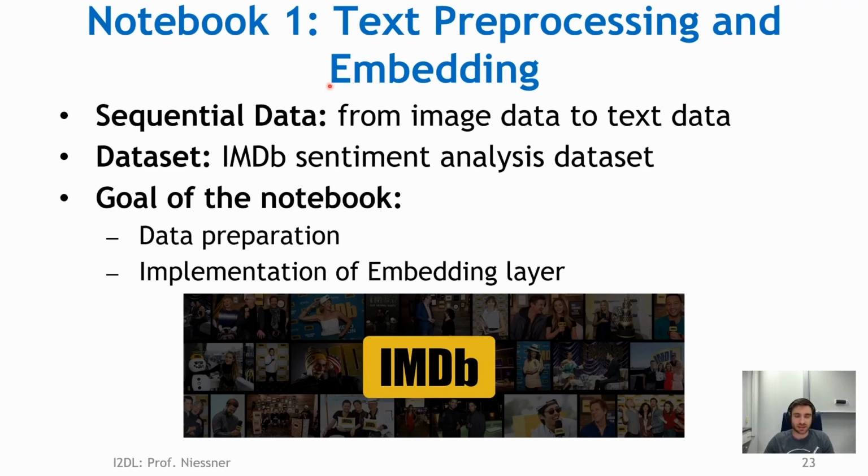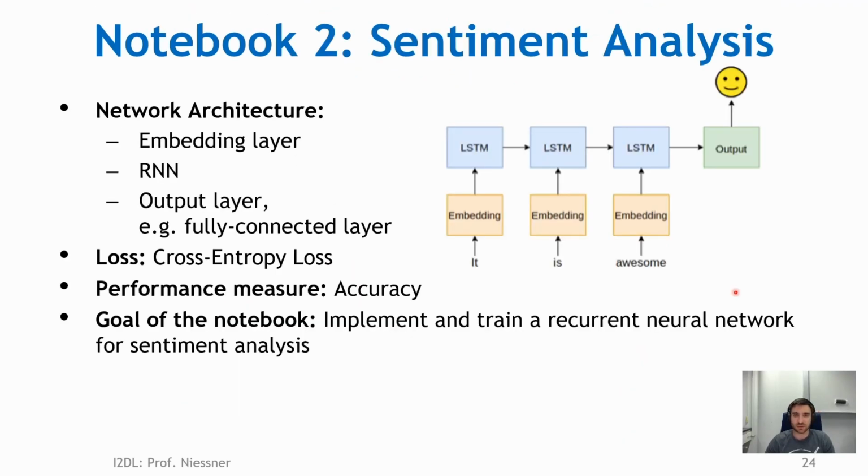Because we are switching from image data to sequences of words, which means text data, we have this as a separate notebook. The data set which we're going to use is the IMDb sentiment analysis data set. The goal is to prepare the data and also to implement the embedding layer.